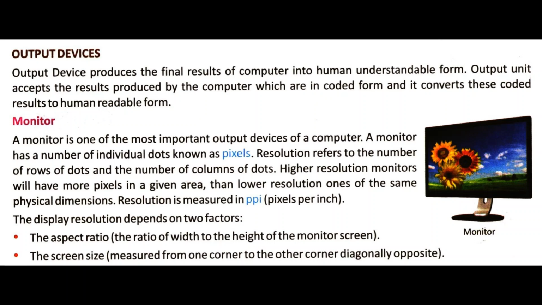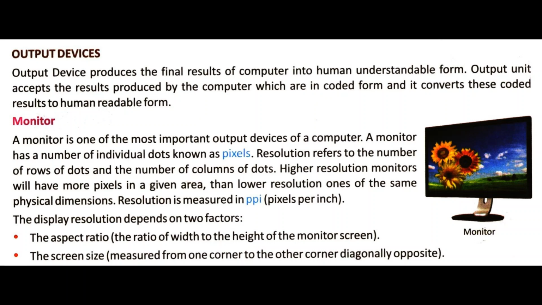The resolution of a picture or image refers to the number of dots in the rows and the number of dots in the columns. The higher the resolution, the higher the quality of the picture. Resolution is measured in ppi, pixels per inch.